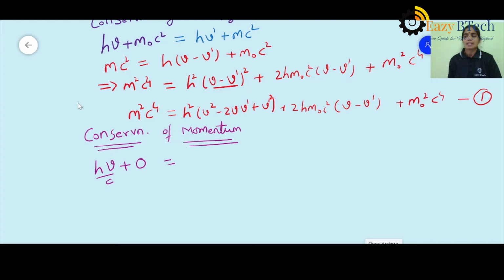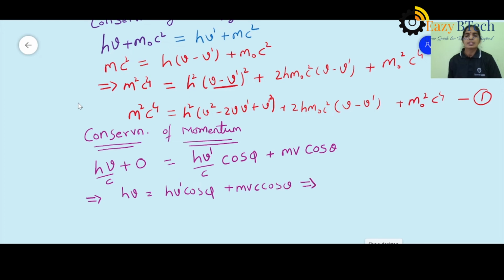So I have h mu by c plus 0 equal to h mu prime by c into cos phi, since for the photon the scattering angle was phi, plus mv cos theta, since for the electron mv is the momentum and the recoiling angle is theta. So from this equation, with a simple simplification, h mu equals h mu prime cos phi plus mvc cos theta.